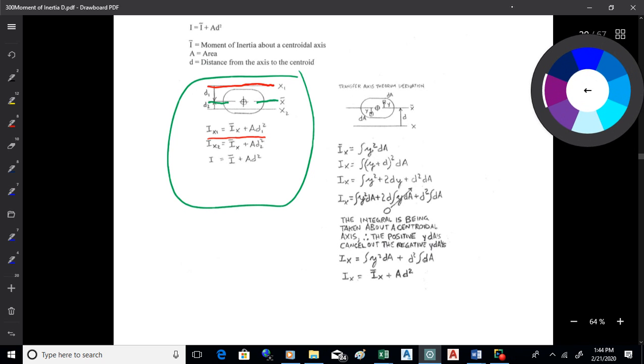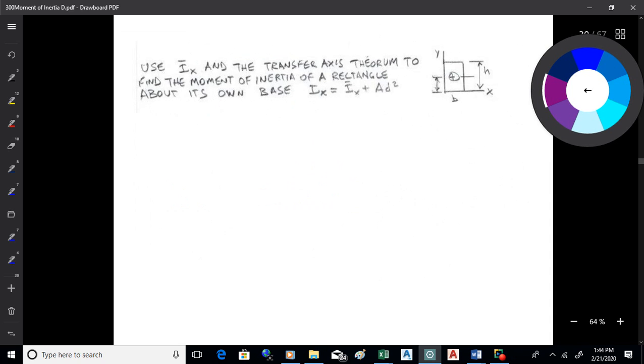If I want to find the moment of inertia about the purple axis down there, I would use I bar x plus A D2 squared, okay? So I'm on page 732. Now the derivation for this is just a matter of plugging in the different offset distances into that formula there.